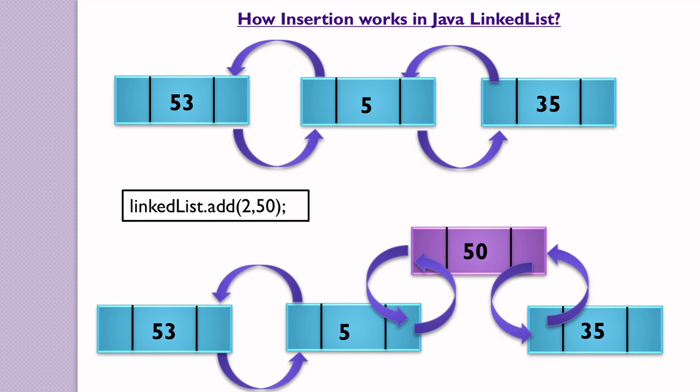Here, when we add or insert nodes in a linked list, this is our previous linked list. When an add operation is performed at the second index, when we add an element at the second index and insert this node, only the pointer positions are changed. Here 5 points to 35 and 35 points to 5.